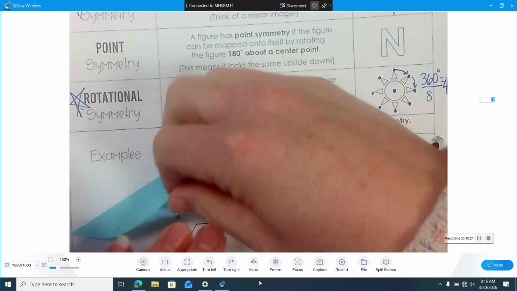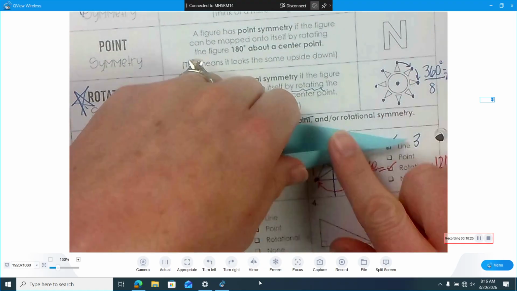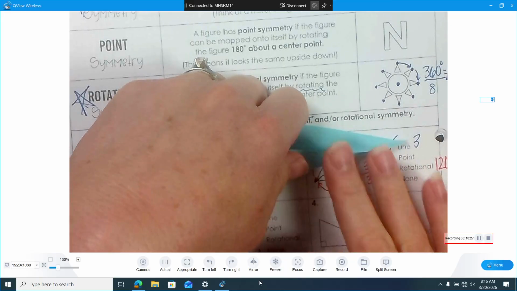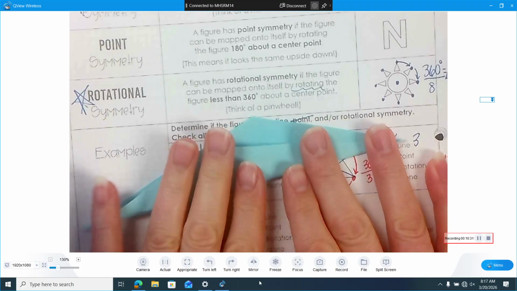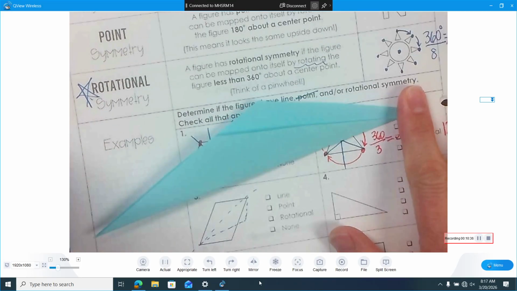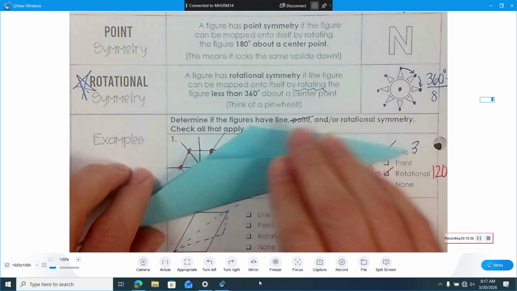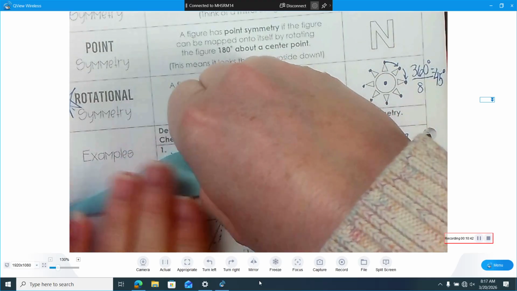So I gotta go right and split that. This is really hard to fold. Right to the corner. We might have to use our imagination a little bit here. Oh, there you go. So does it match up with itself? Oh, I missed a little bit. It's not perfect.